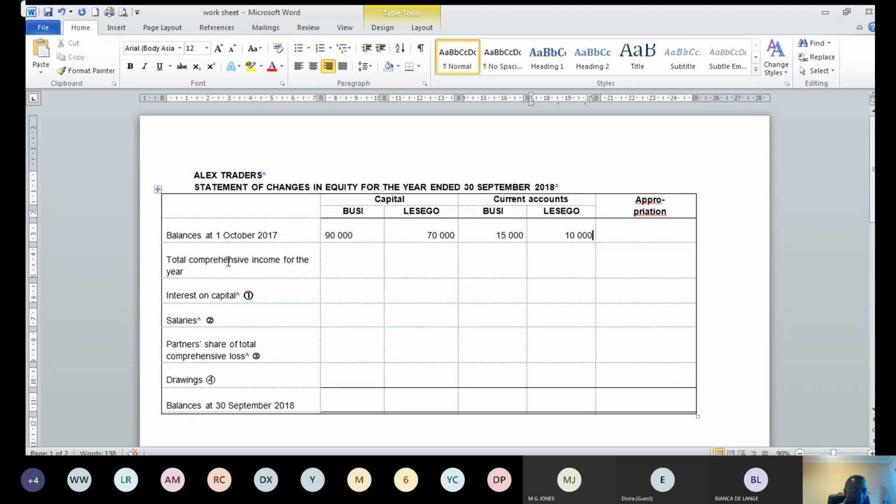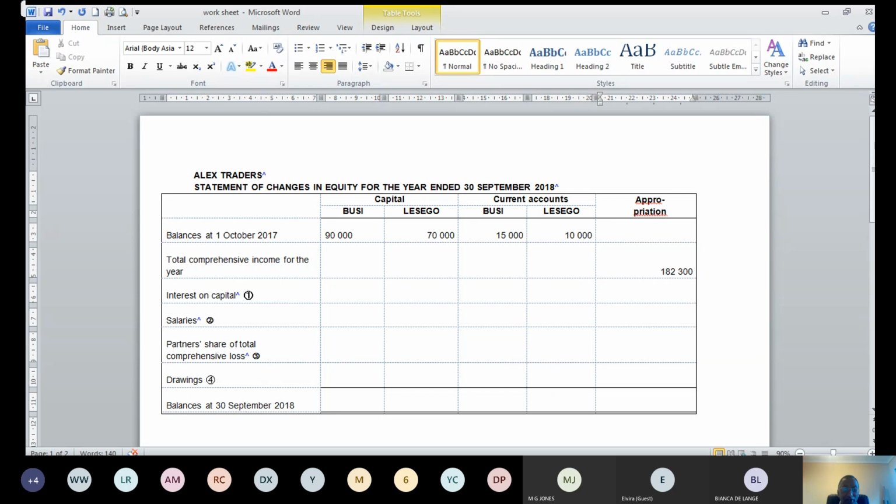So on my next line, the total comprehensive income for the year, the profit for the year, we have transferred from the statement of profit and loss and other comprehensive income, the profit for the year, 182,300, and that has been transferred to my appropriation column, because in that column, I must bring into account the conditions of the partnership agreement.